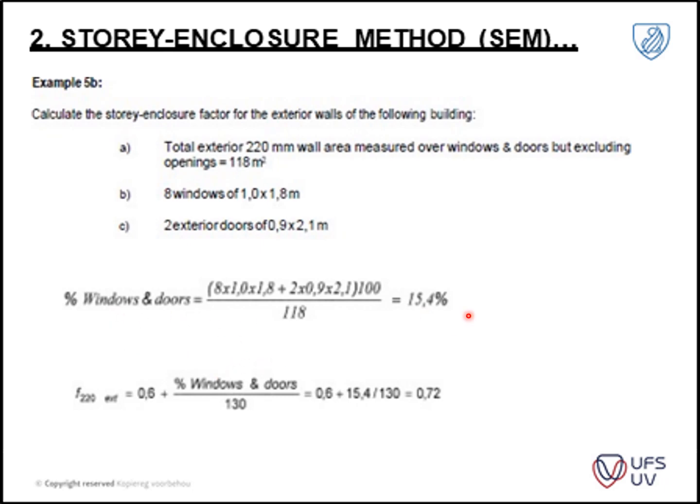And then you just add that percentage to your formula. So this is 0.6 plus the 15.5% here at the top divided by 150, which gives you a factor of 0.72. Okay.